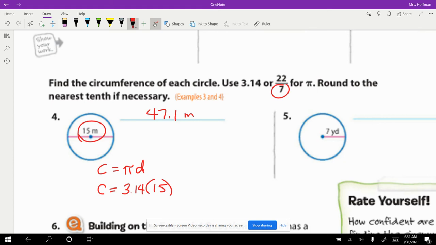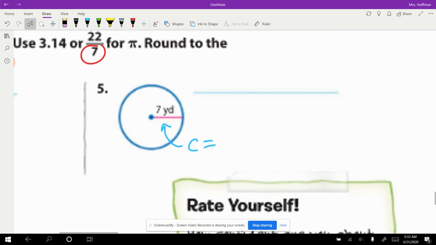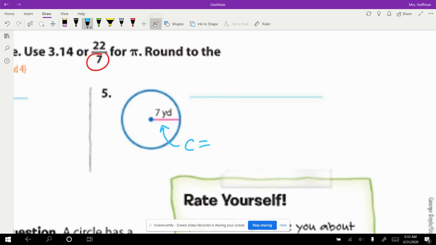The second one gives us the radius this time. So again, check your formula. It's not going to be the same as the last one. It's going to be C equals 2 pi r. And then we're going to plug in what we know.